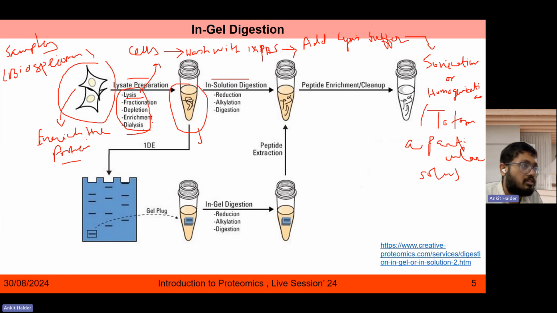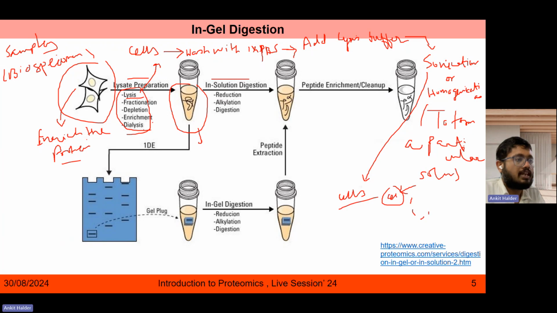So why is this step required? The cell is broken open. This is an intact cell, and this is the broken cell.